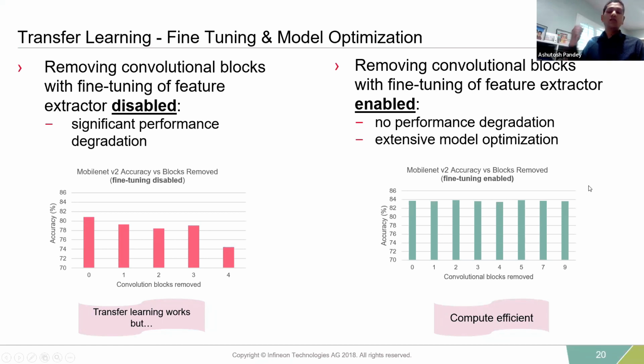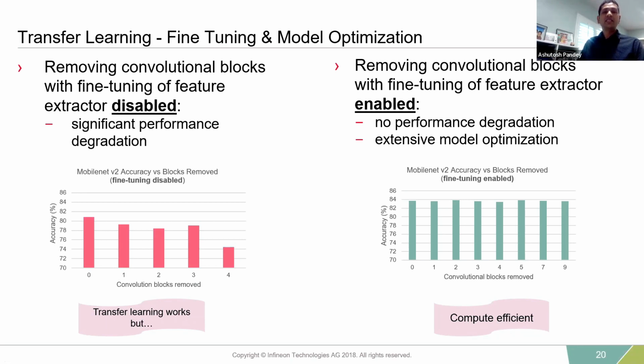This goes back to the narrative that if you have lots of data, you might as well do the end-to-end training and optimization, and you're going to come up with something that's compute efficient. Otherwise, you use some generalized approach, and transfer learning is one of them. And we'll talk about the approach that we have found to be useful.